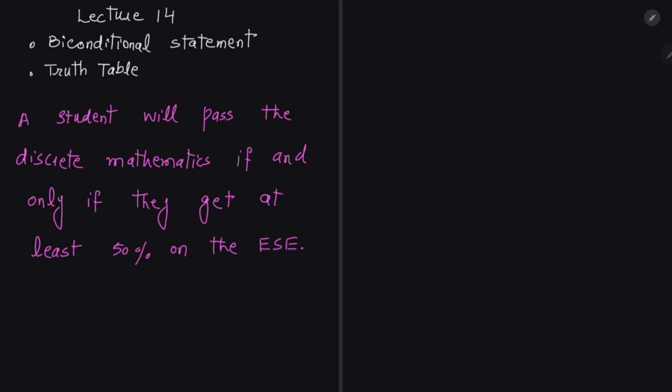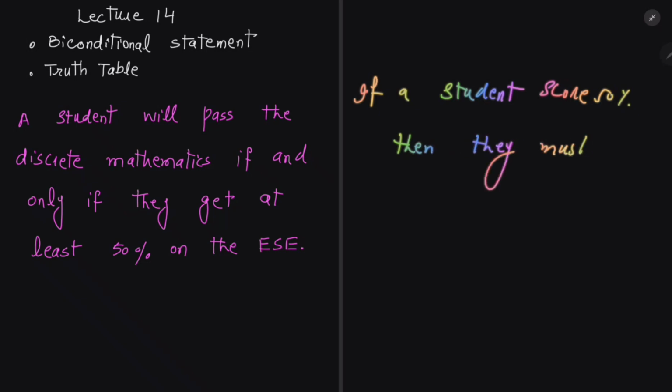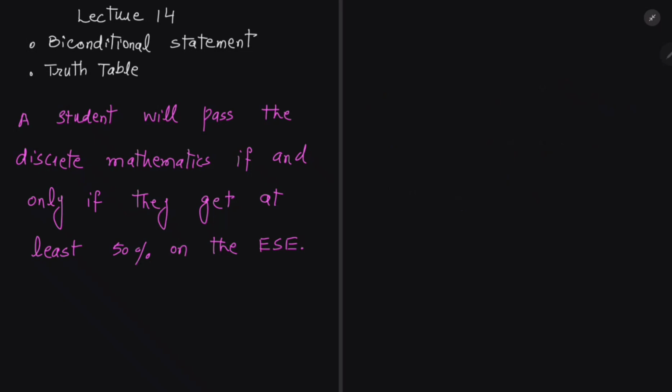And the converse is, if a student scores 50%, then they must have passed. So it is true in both ways: if the student gets 50%, they pass, and if a student passes, it means they got 50%.